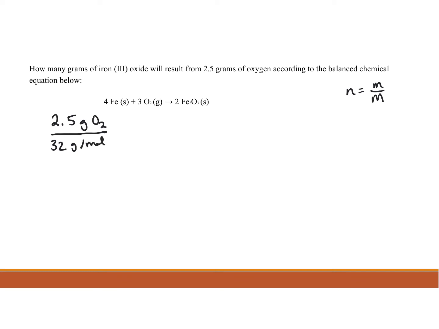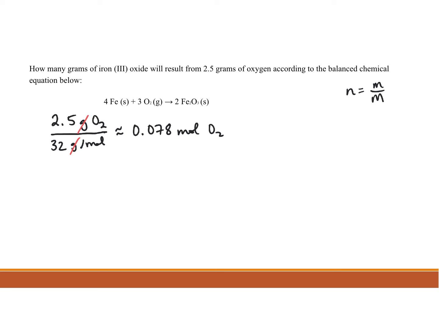You can cancel out the grams unit so that your final unit will be moles. 2.5 divided by 32 gives you approximately 0.078 moles O2.